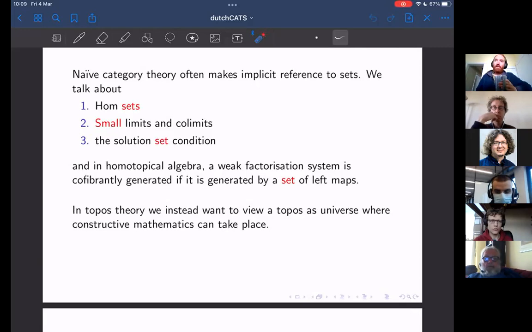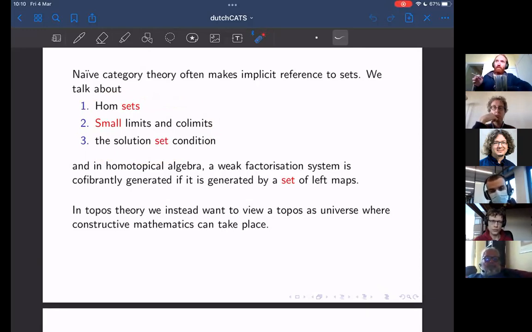We can just directly use the internal logic of a topos, but then the problem is that it's limited, in that the internal language of a topos only talks about things inside the topos. Whereas if you look at these examples, we have two categories hanging around.